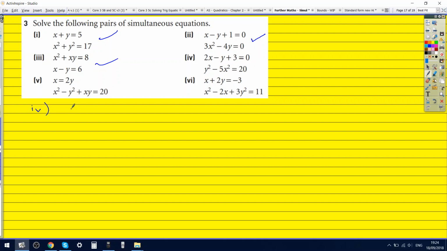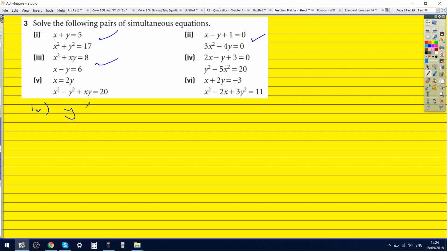I might reorder this. For the top equation, I might say that y minus 2x is 3, and then y squared minus 5x squared is 20, just to make it a bit clearer. We can multiply the top equation by 5, multiply the bottom one by 2.